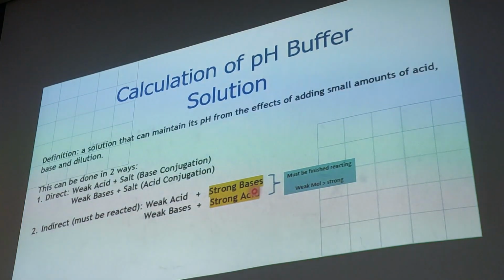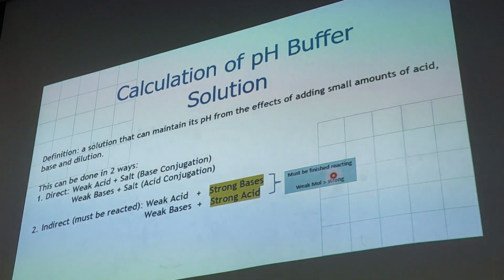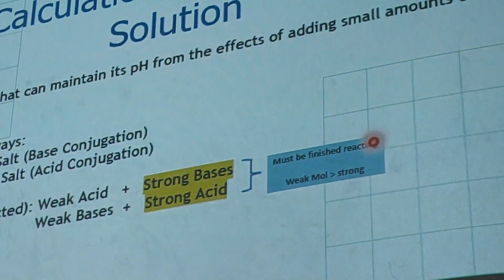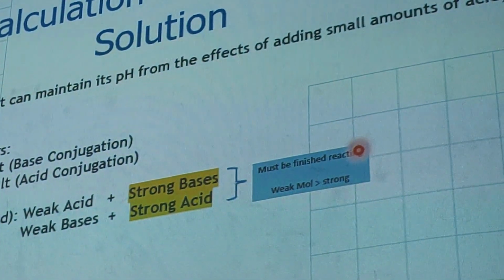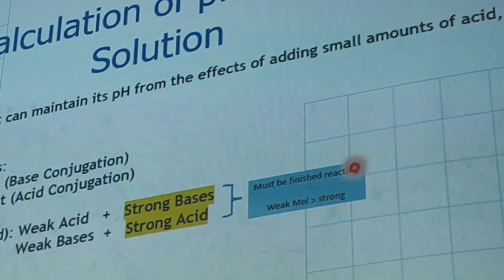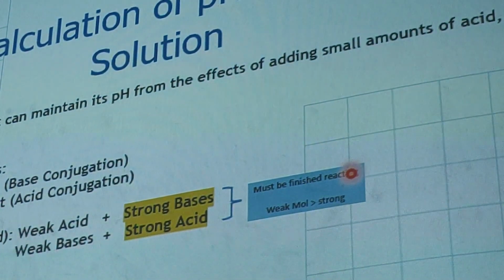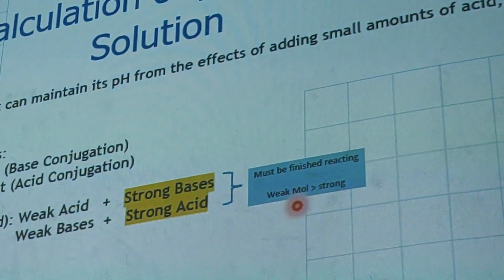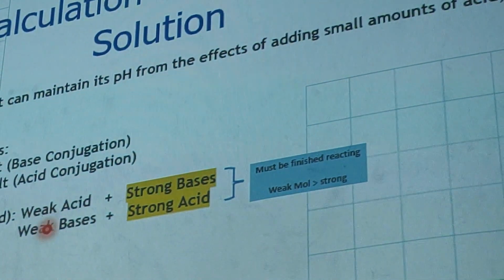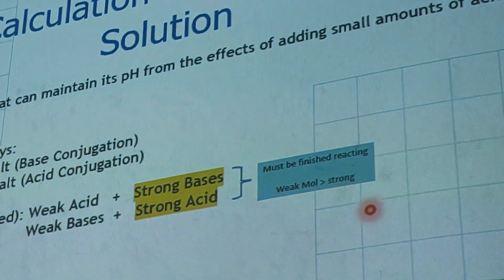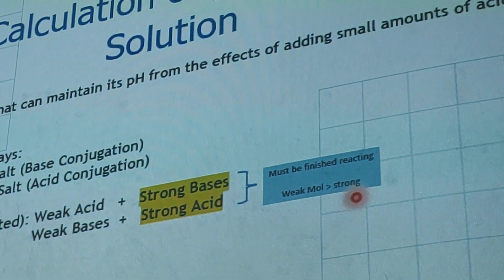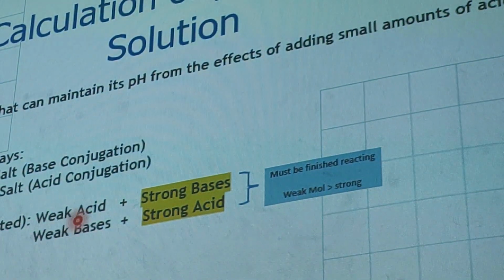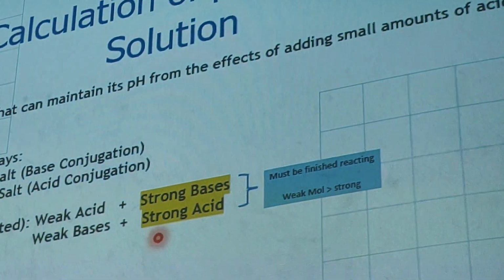The requirement is that the strong base and the strong acid must finish reacting first, until zero. So we can say that the molarity of the weak one is always more than the strong one.